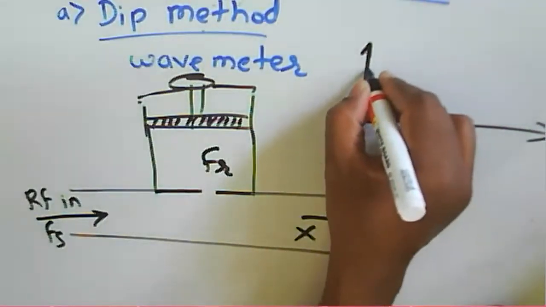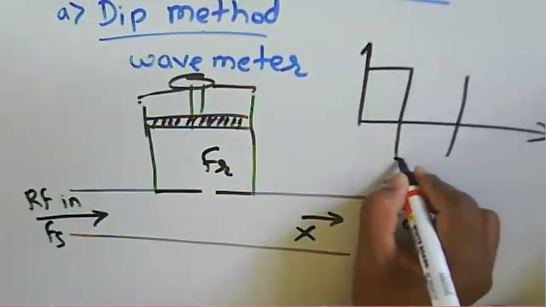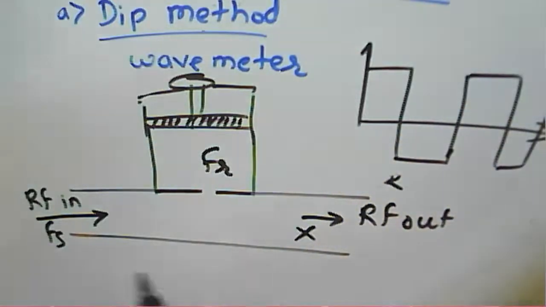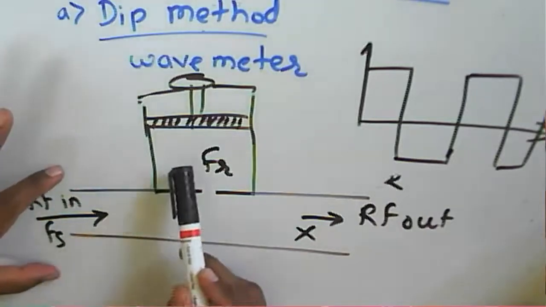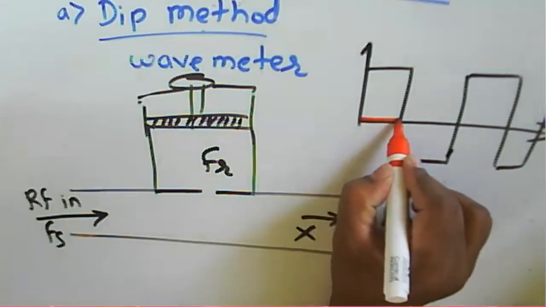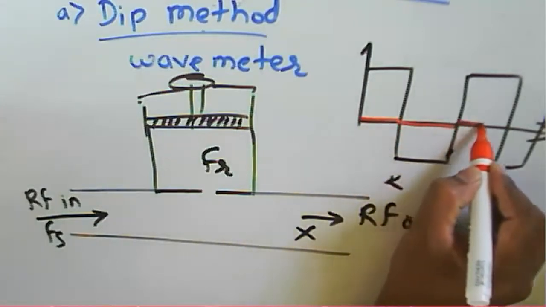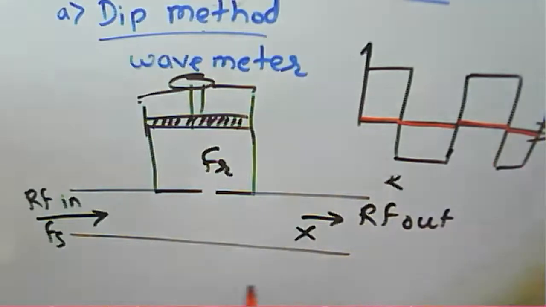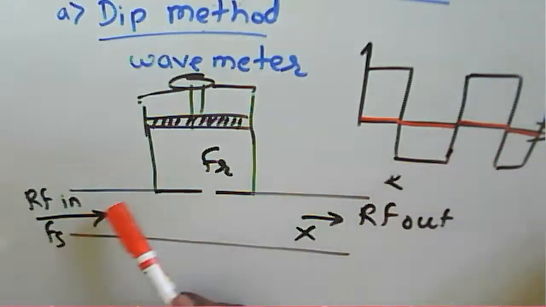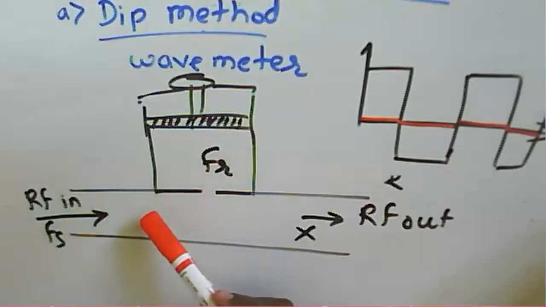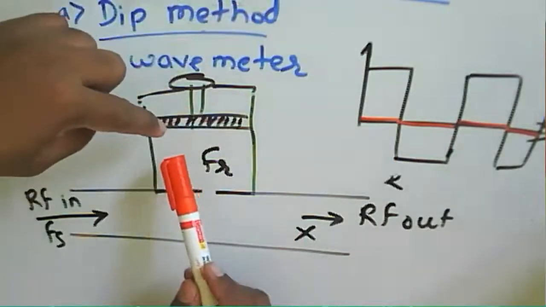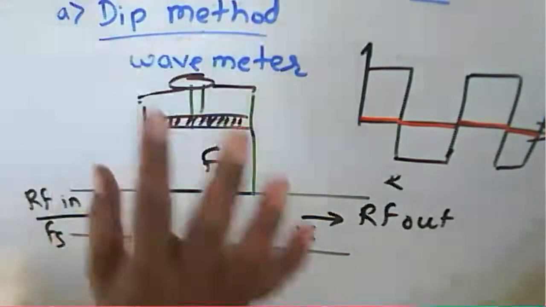Initially we see the modulating signal, and when Fs is equal to Fr we see just like a small block, a dip occurs in the signal. This dip occurs because Fs is equal to Fr, and at that dip we can measure directly on the wave meter what the frequency is. That is the dip method.